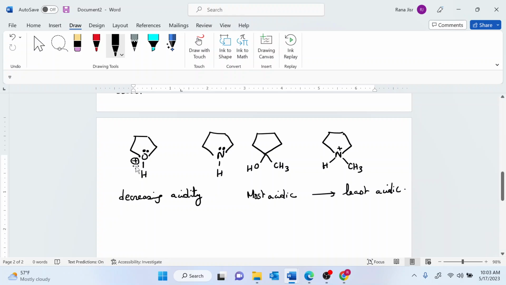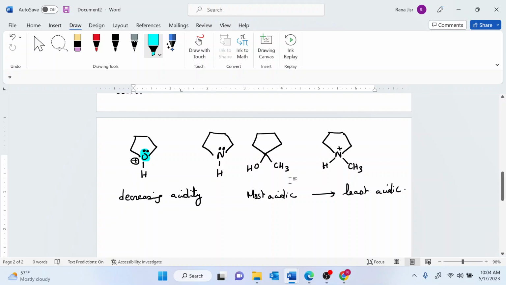Now, whenever I am comparing between positive charges and neutral compounds, I don't need to change into a conjugate base, because cations are always more acidic than neutral compounds. And because oxygen is more electronegative than nitrogen, the oxygen cation is going to be more acidic than the nitrogen cation.